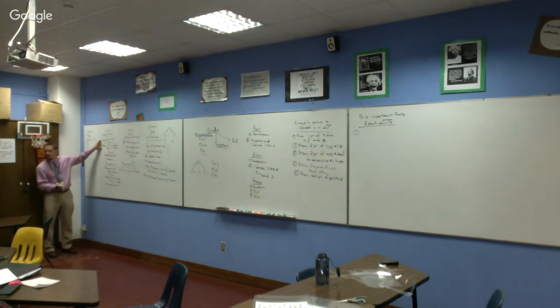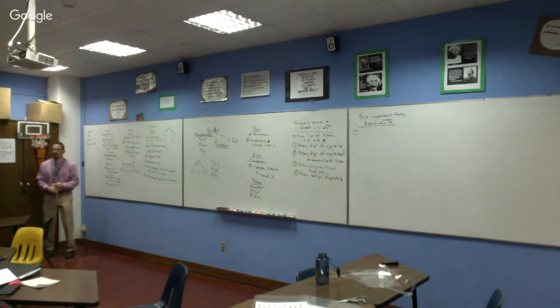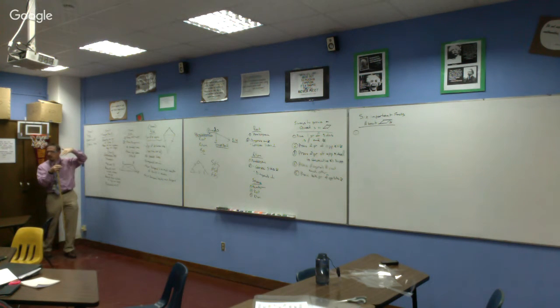Not a kite. Okay, not a kite. Second, in terms of parallel, how many sides must be parallel here? Two pairs. How many sides must be parallel here? None. What's in between? What?